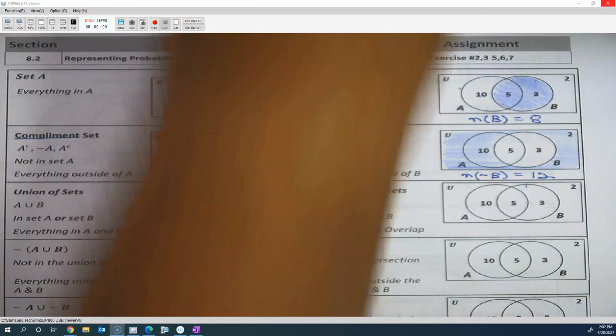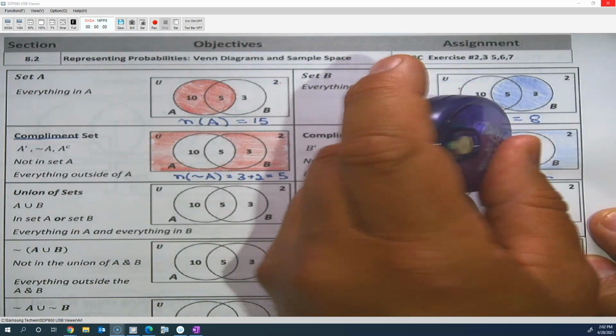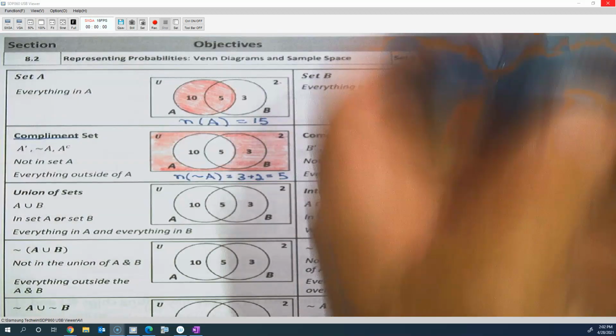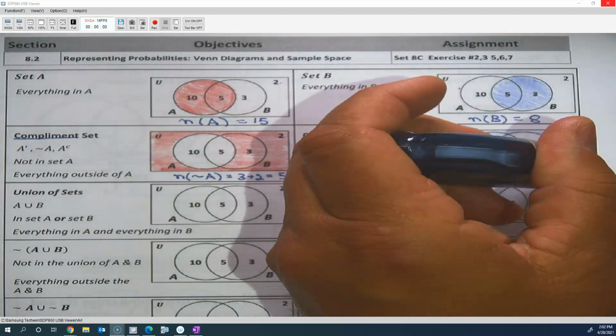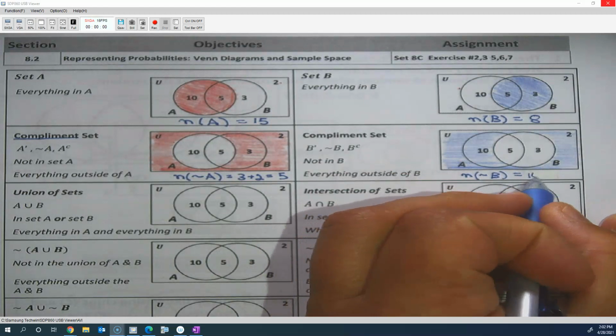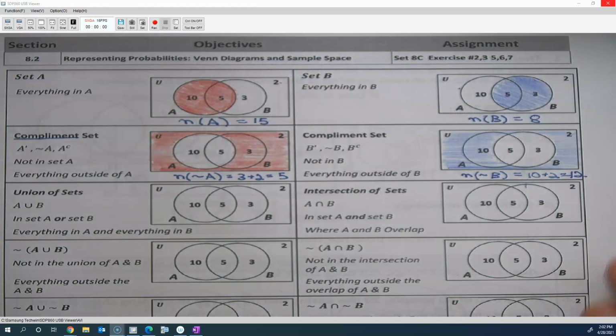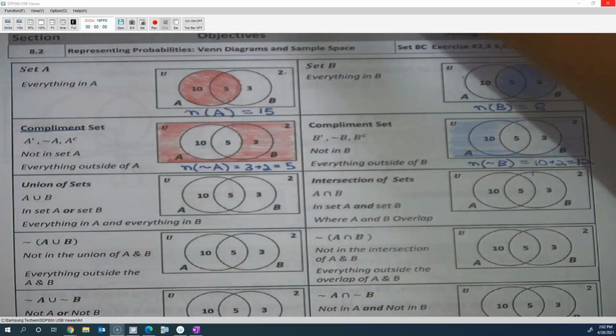So that's what the term complement stands for in the context of set notation. And this would be 10 plus 2, 12. All right, so that's what's meant by the word complement.